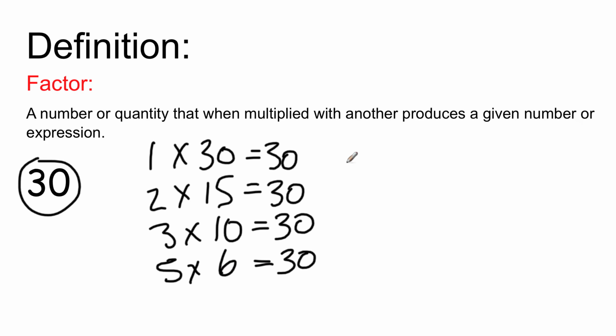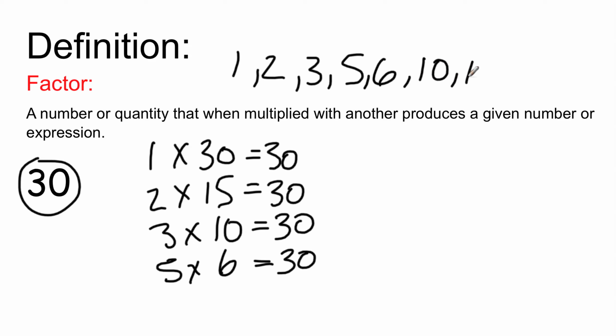So, what are the factors? You list them in order, from least to greatest. So 1, 2, 3, 5, 6, 10, 15, and 30.